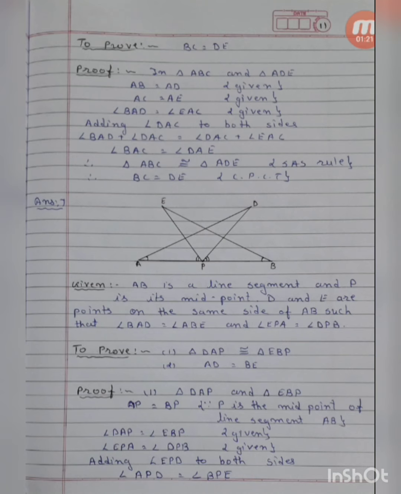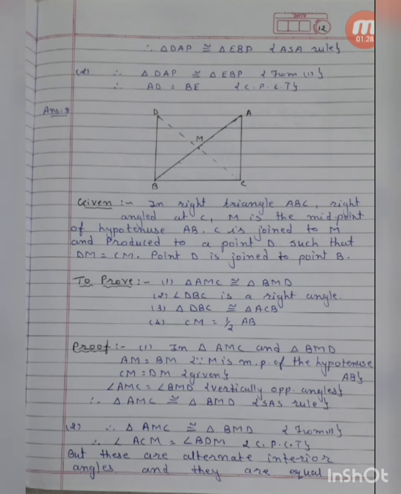So angle APD is equal to angle BPE. So we can write triangle DAP congruent triangle EBP, angle side angle rule. Now in second, we have proved triangle DAP congruent triangle EBP. So we can write AD is equal to BE by CPCT.